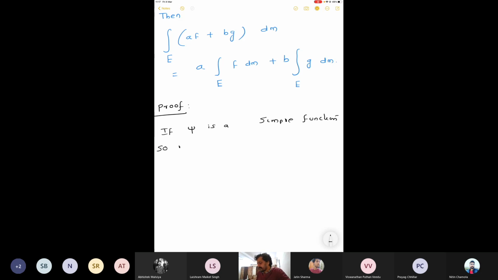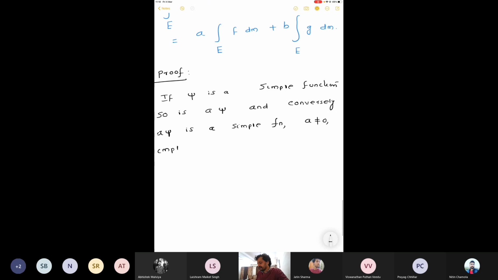And conversely, if a psi is a simple function, then psi is a simple function, provided a is non-zero. a not equal to 0 implies psi is a simple function. Keep this observation in mind.